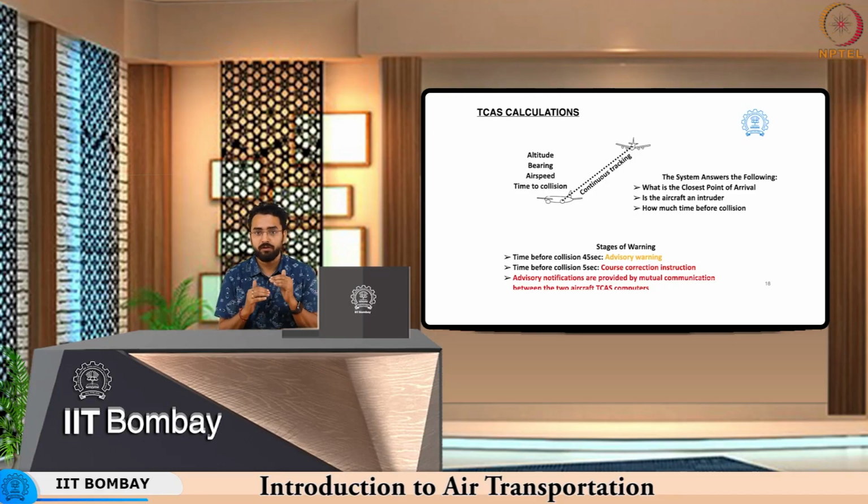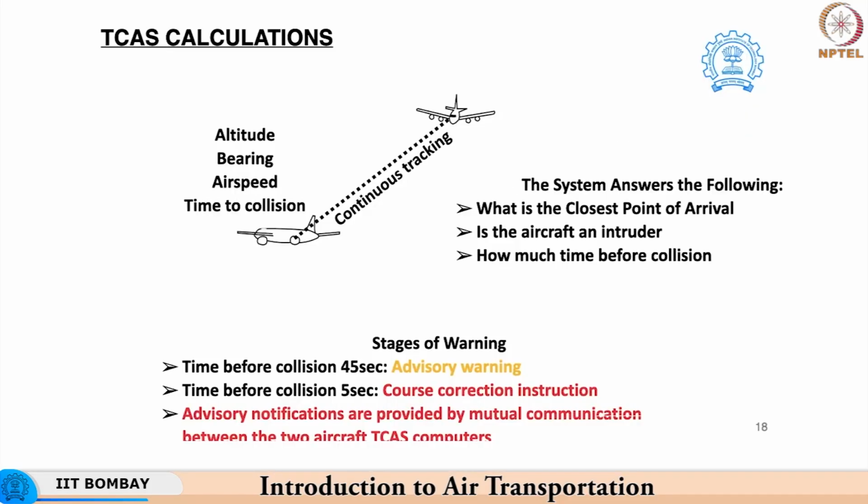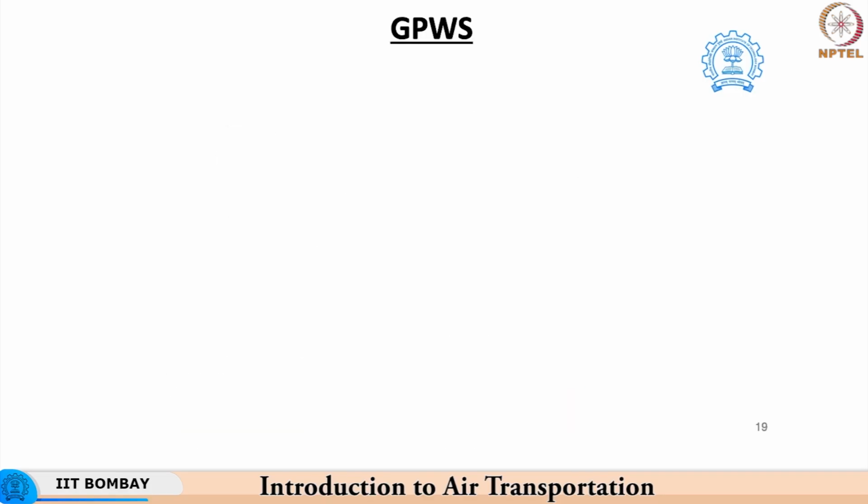So, if one of the aircraft is instructed to pitch up, the other aircraft will simultaneously be instructed to pitch down. Both TCAS computers act in a synergetic fashion, so that the collision can be avoided in an efficient manner.